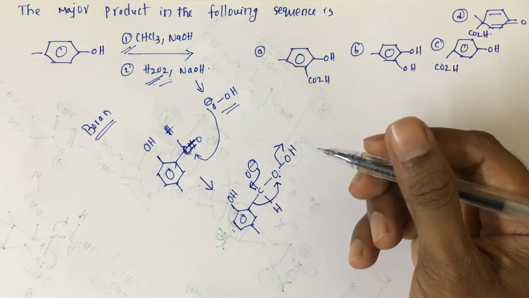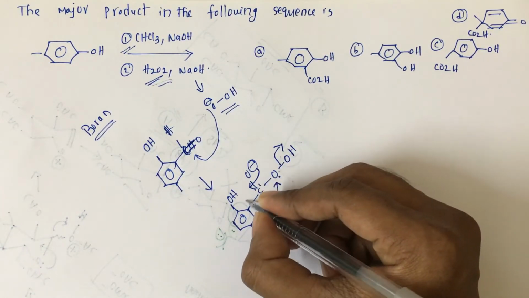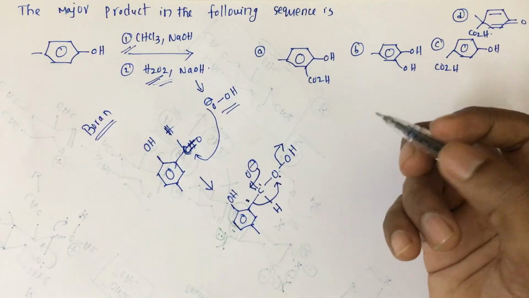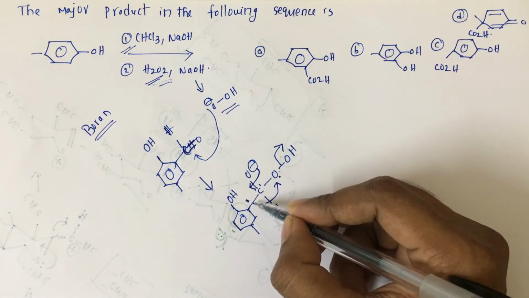We can call it a 1-2 migration. No, we cannot call it a 1-2 migration. So this O goes from this position to here.